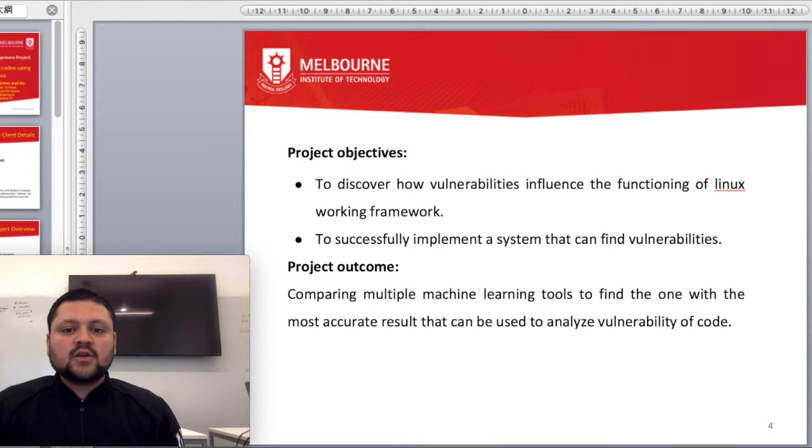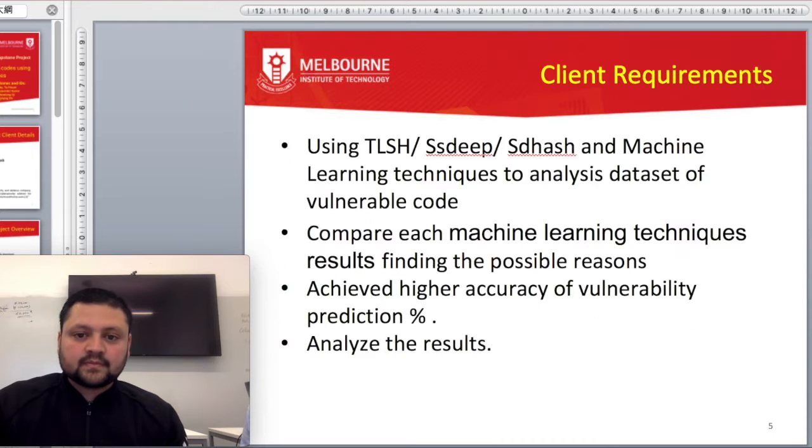Our project objective is to discover how vulnerabilities affect the working of the Linux operating system, and to successfully implement a system that can find the kind of vulnerabilities that affect Linux. In our project outcome, we are going to compare multiple machine learning tools to find the one with the most accurate result that can be used to analyze the vulnerabilities in a given dataset.